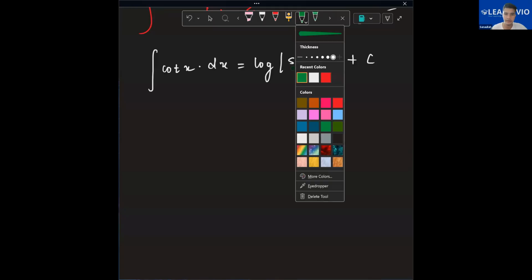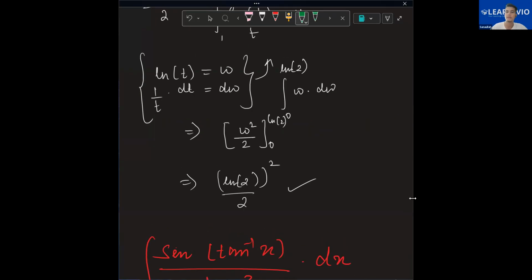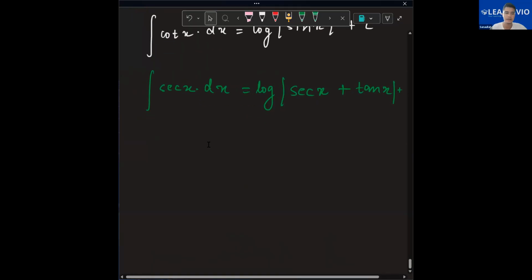And for secant of x, you have log of sec x plus tan x plus c. That is for secant of x.